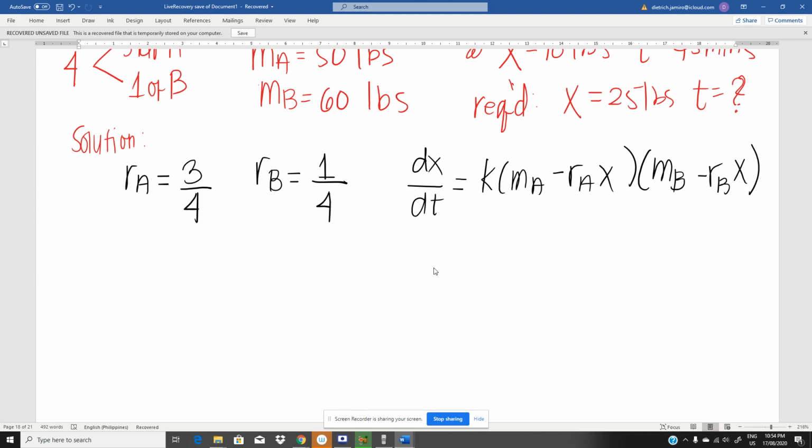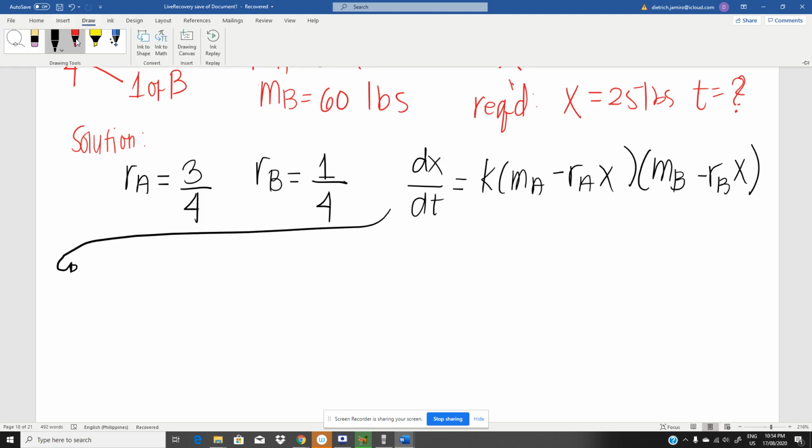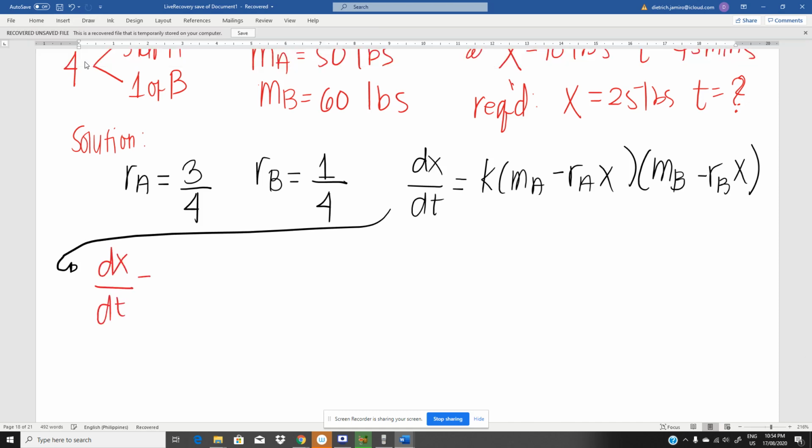Substituting our givens into our general equation, we're going to have dx over dt is equal to k multiplied by (50 minus 3/4 x) times (60 minus 1/4 x).